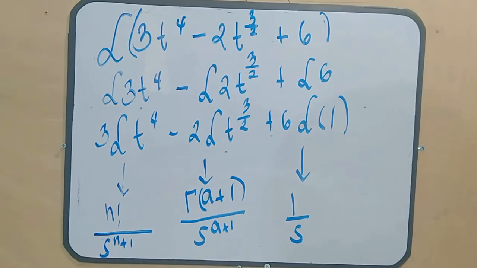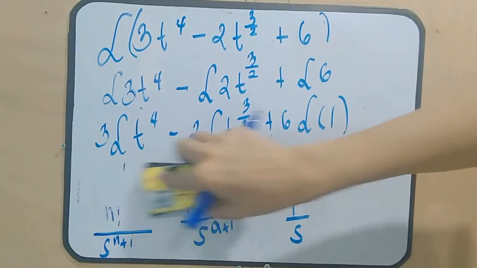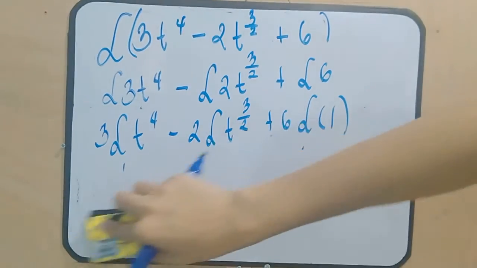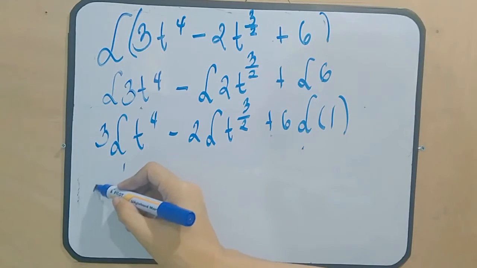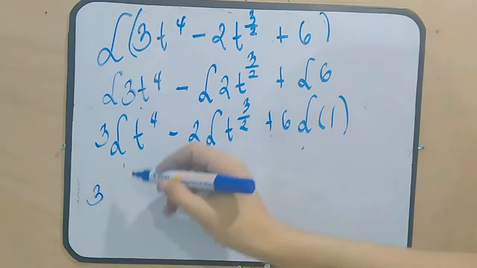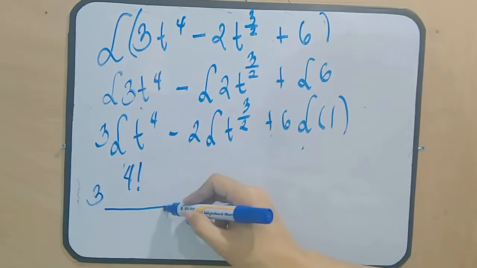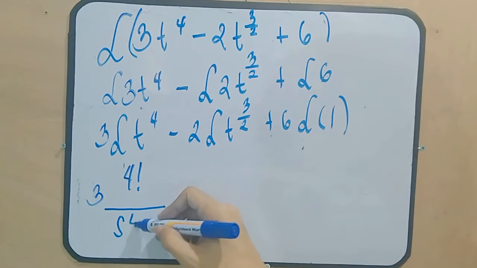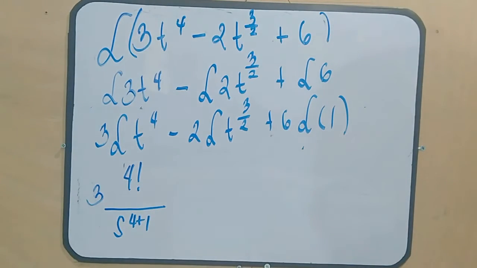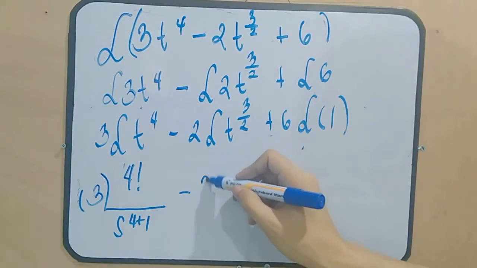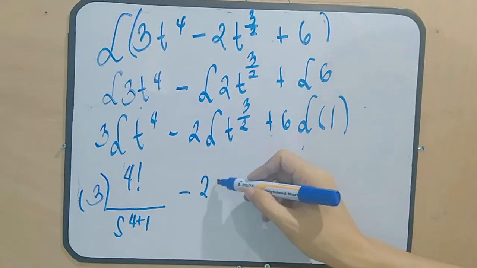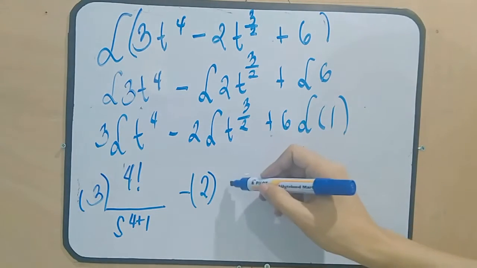So, kunin natin guys yung Laplace transform niya. Apply natin yung mga formula. So, this is 3. So, 4 factorial all over s raised to 4 plus 1. So, that's the formula. Now, here we have here minus 2 gamma.